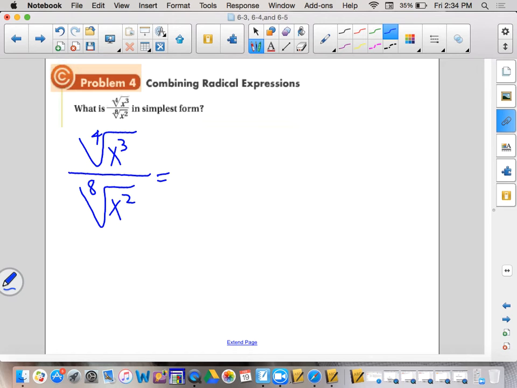I need to take this radical form and put it into exponential form because that's what all my properties deal with. So this 4th root of x cubed becomes what? X raised to the 3 over 4. The bottom, x raised to the 2 over 8.